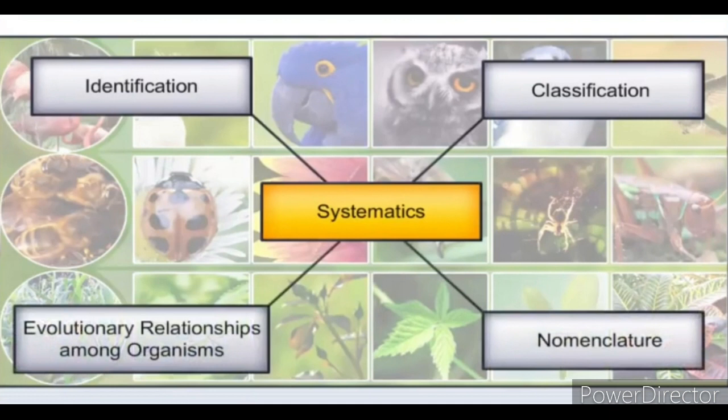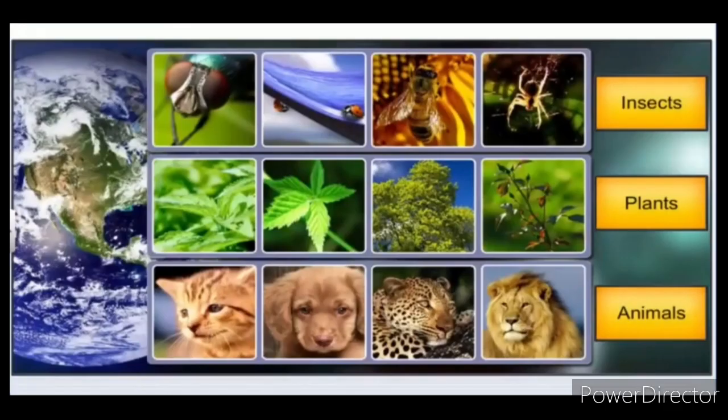Listen, first it is identification: whether it is a plant or an animal, and which living organism it is. Then we classify which group it belongs to, and then we give the name of the organism. That is called taxonomy.